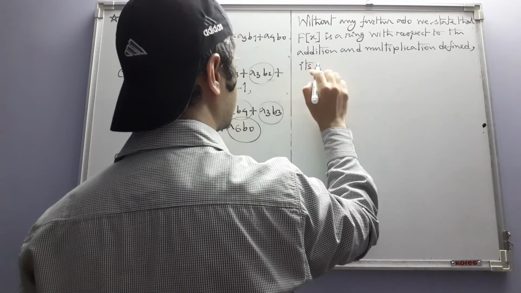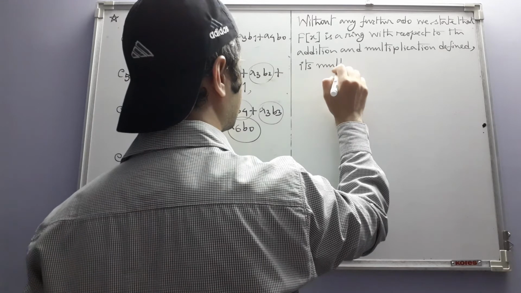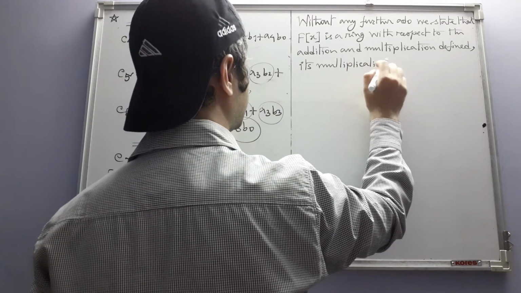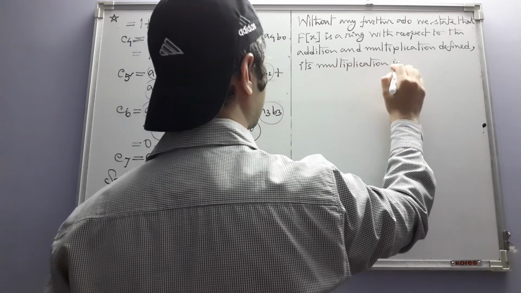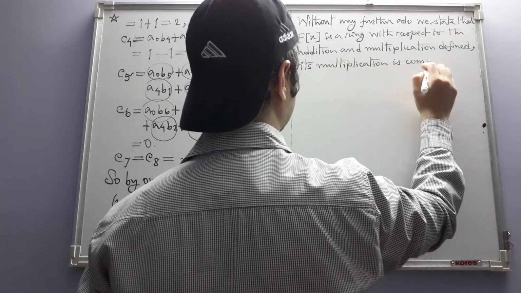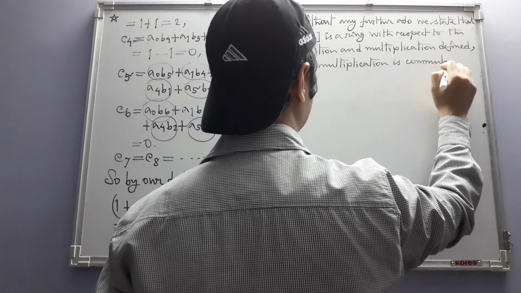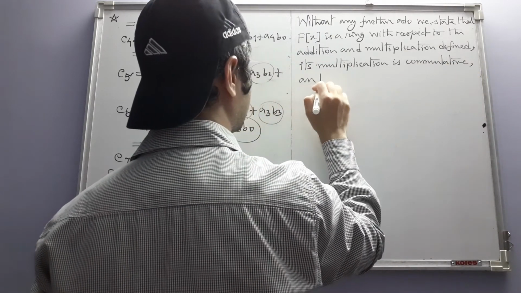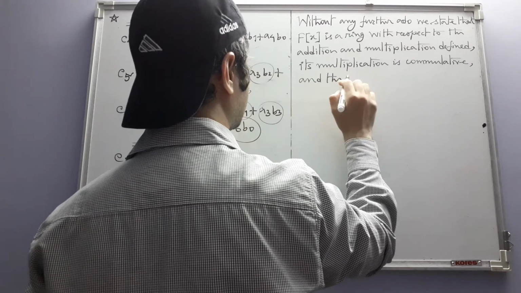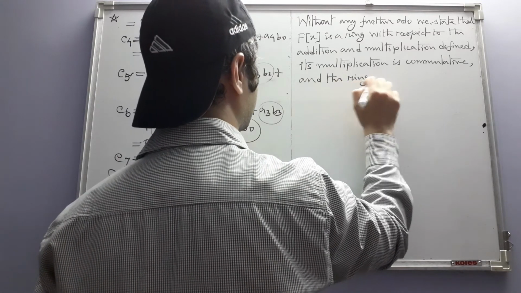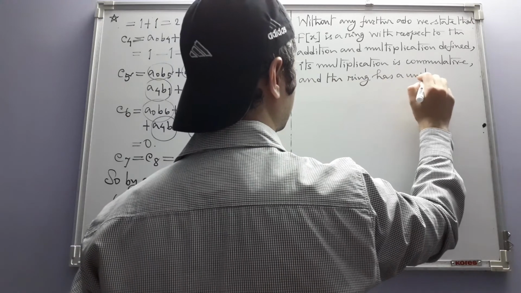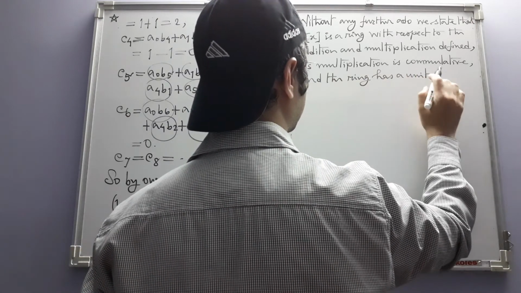Its multiplication is commutative and the ring has a unit element.